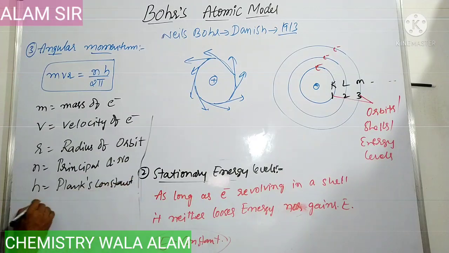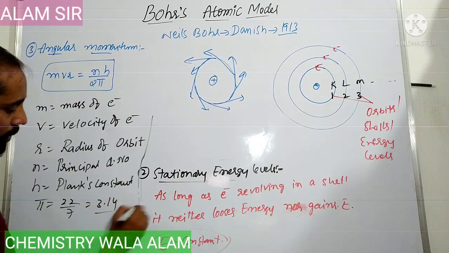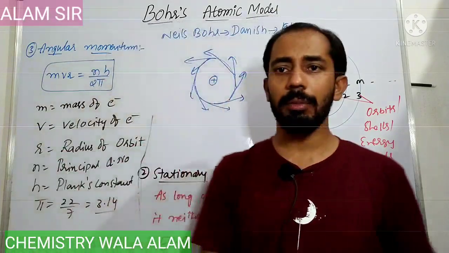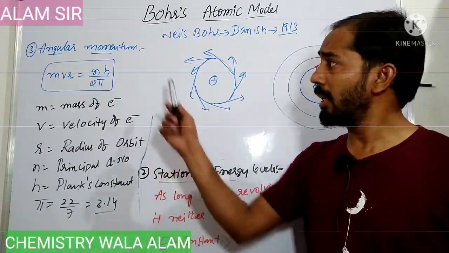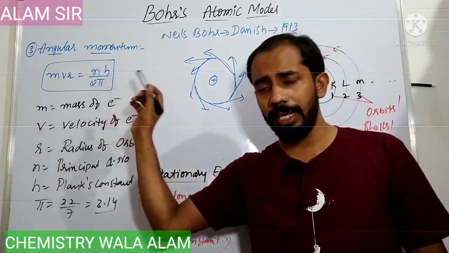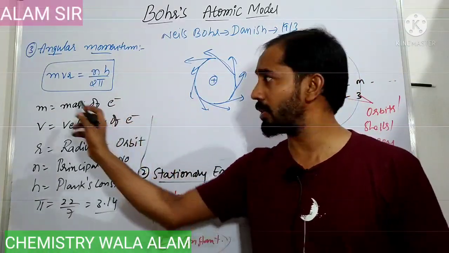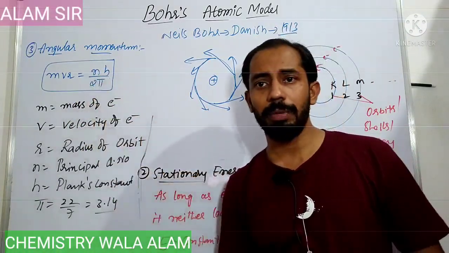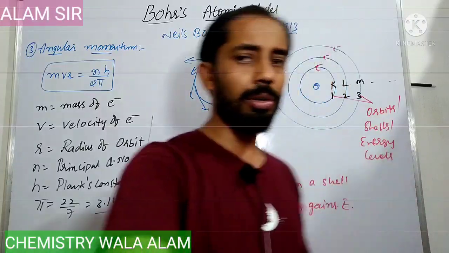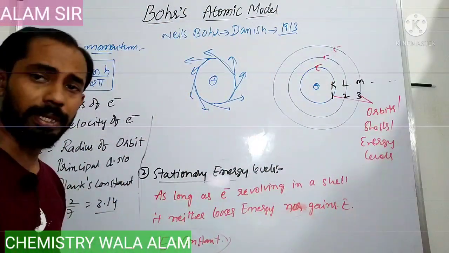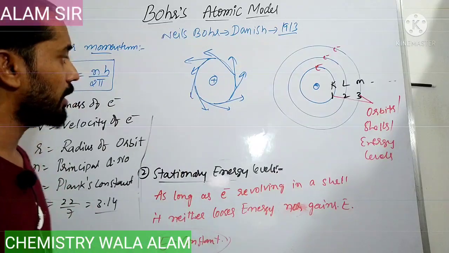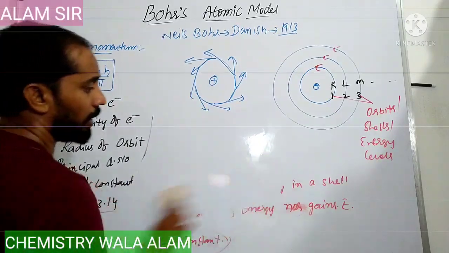And we know that the value of pi is 22/7, that is 3.14. So the angular momentum of an electron revolving in any orbit is equal to an integral multiple of nh by 2 pi. That is the third point. The first point is about the orbit, the second point is stationary orbits, and the third point is about angular momentum.